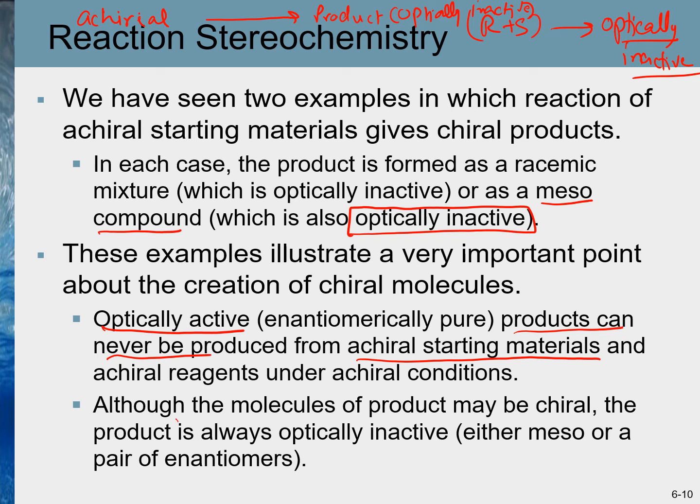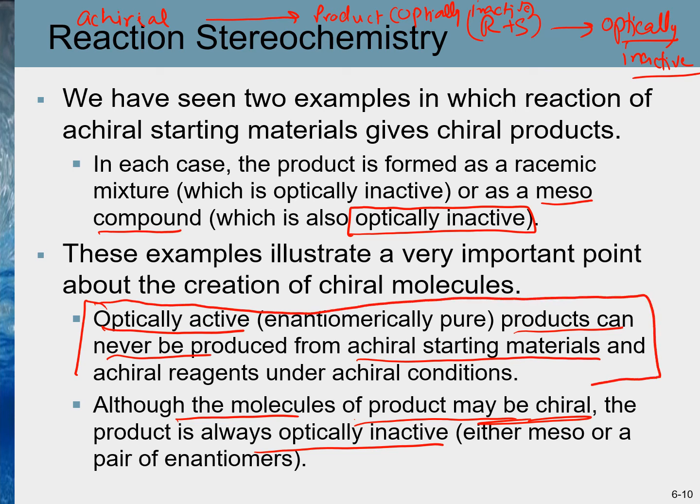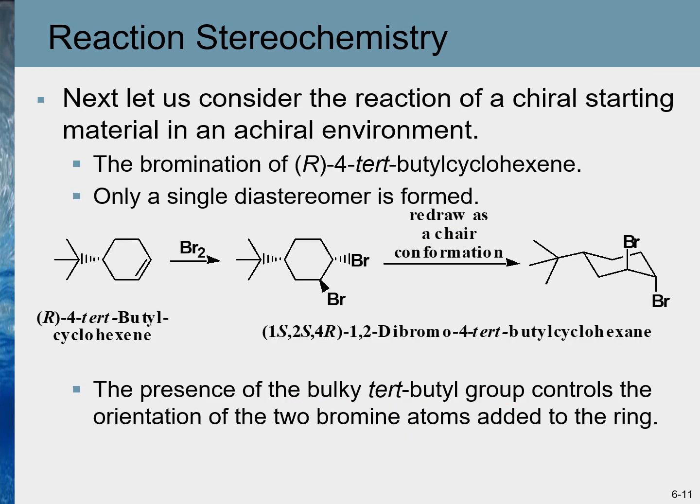So we can say although the molecules of the product may be chiral, the product is always optically inactive. So remember this point, that we can never get a pure optically active molecule if we start with achiral starting material or achiral reagent.